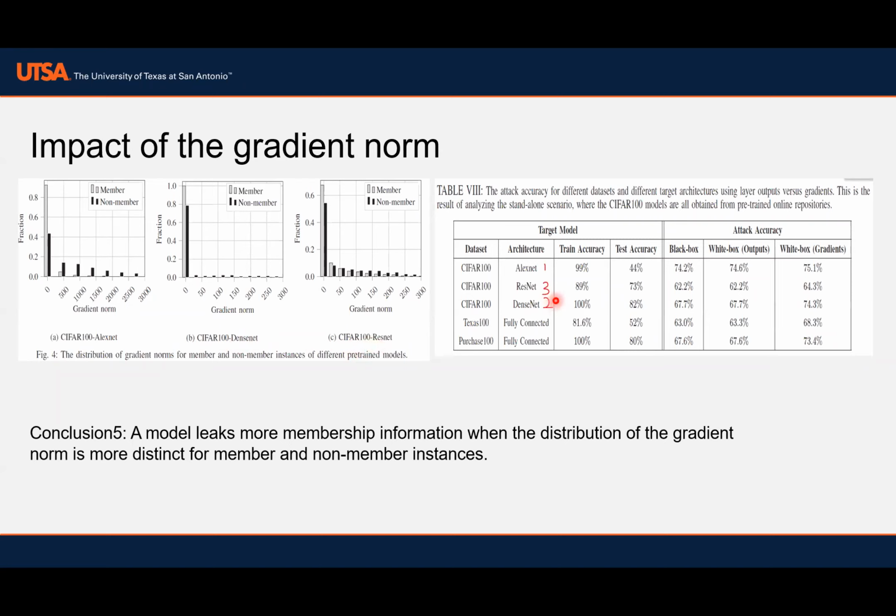So we can see AlexNet has the highest accuracy, DenseNet has the second, and ResNet is not as good as AlexNet and DenseNet. So we can get conclusion 5: a model leaks more membership information when the distribution of the gradient norm is more distinct for the member and the non-member instances.